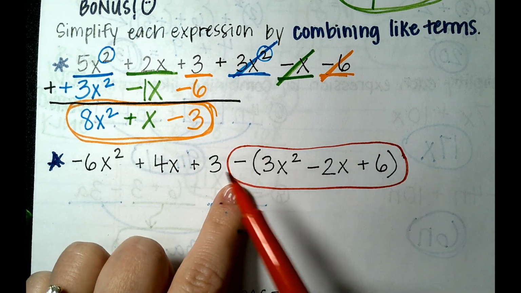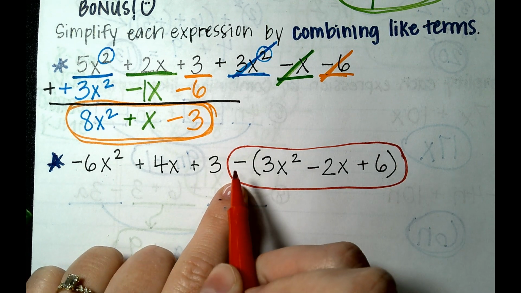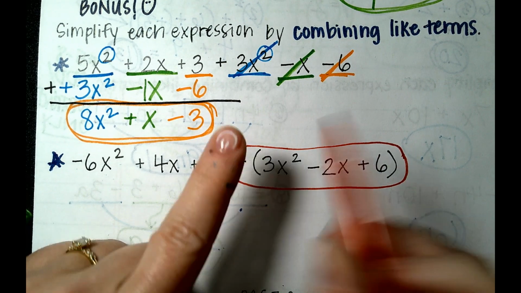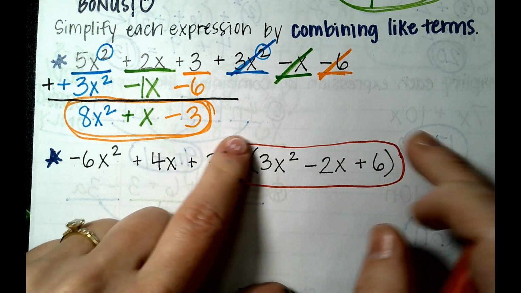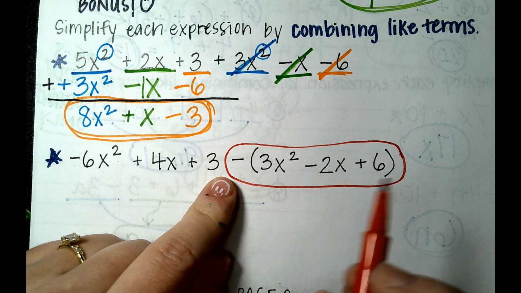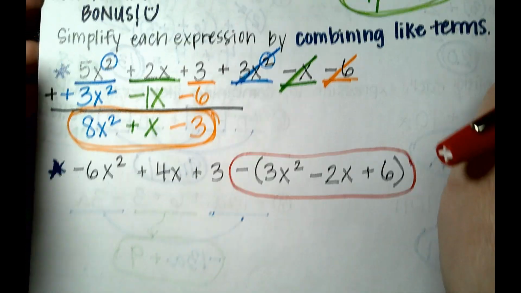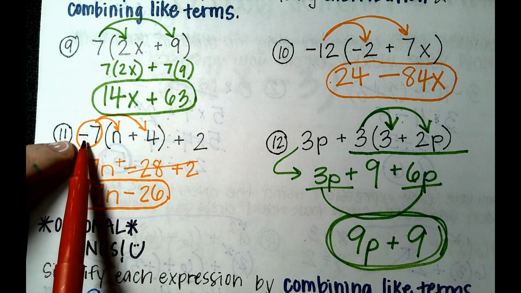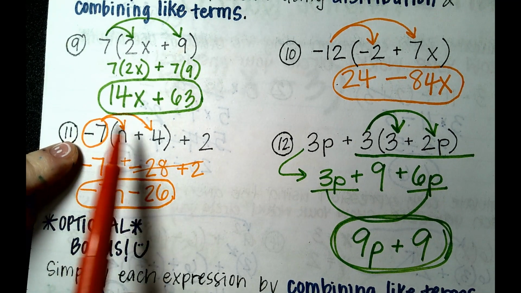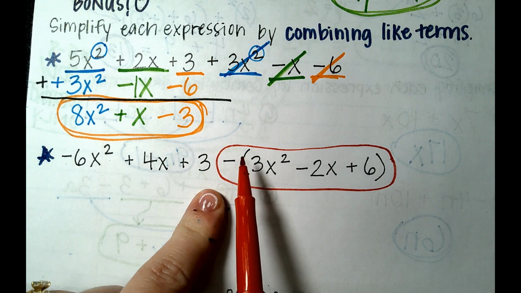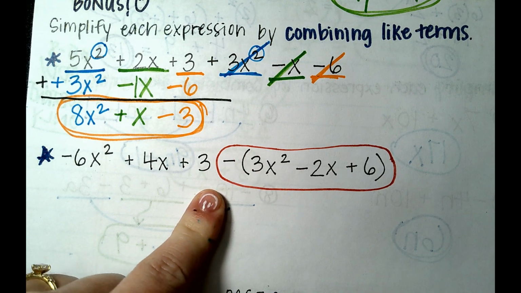Whenever we have a problem like this where there is a negative sign or a minus symbol outside of some quantity in parentheses, we're going to use distribution. Okay, we're going to use what we just did, where if you have a number outside of parentheses, we distribute it. If we have a negative outside of parentheses, we're going to distribute it.